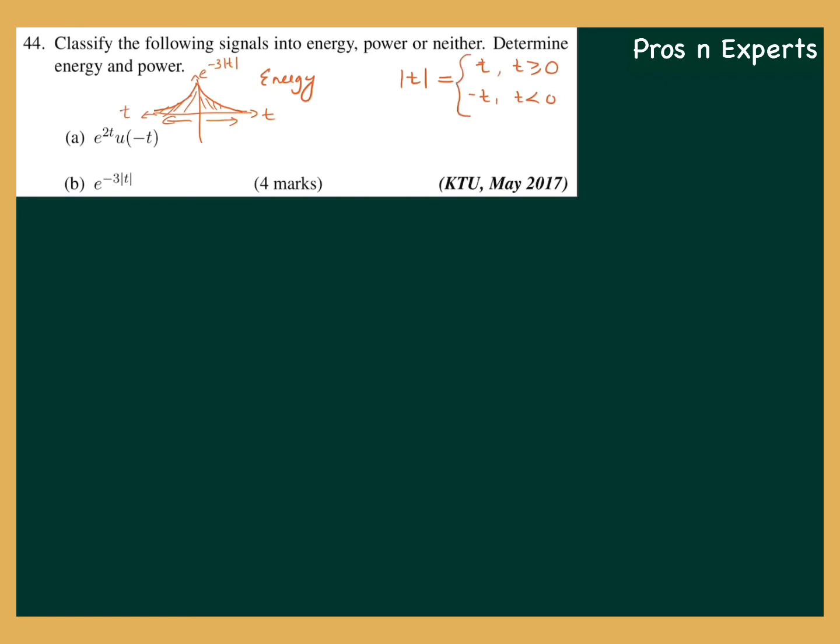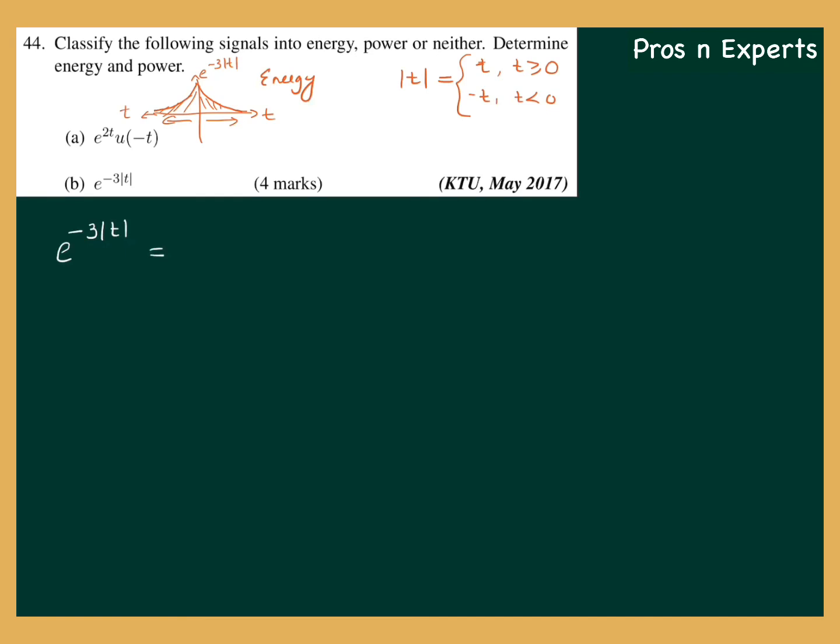This is mod t, right? Then only this always becomes positive. Similarly, what is e raised to minus 3 mod t? Let me write e raised to minus 3 mod t. You know the expression for mod t, right? Similarly, you have to write e raised to minus 3 mod t.